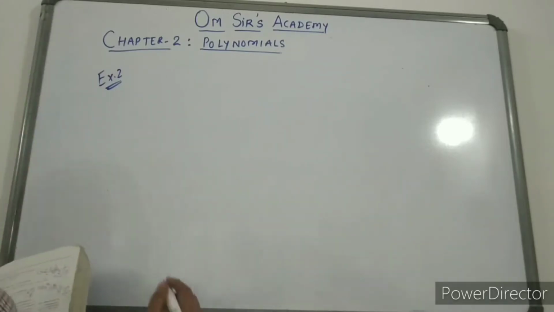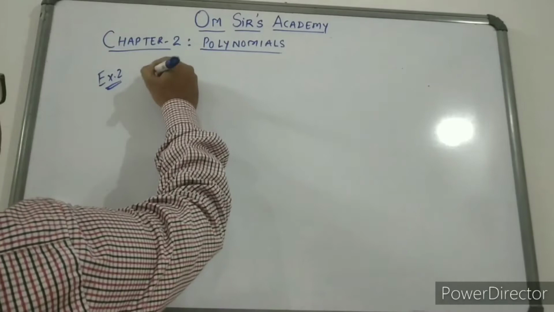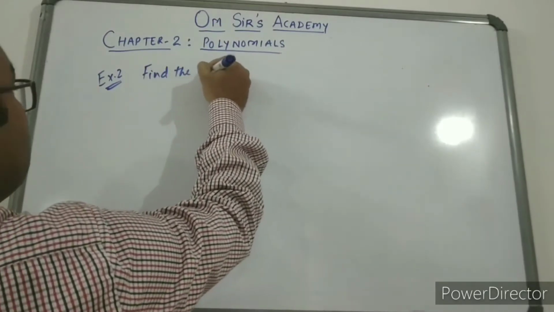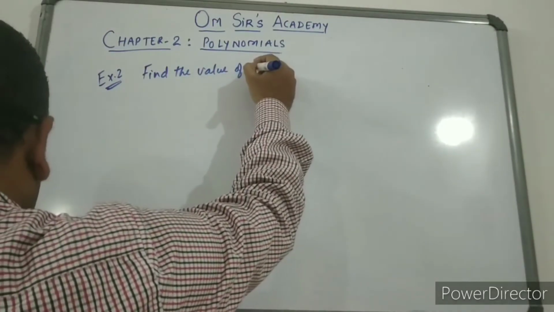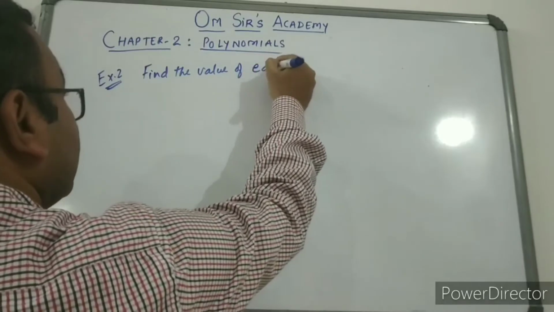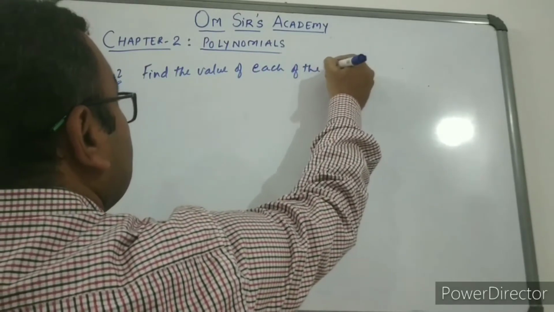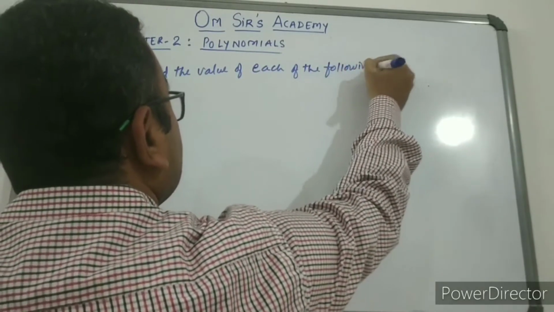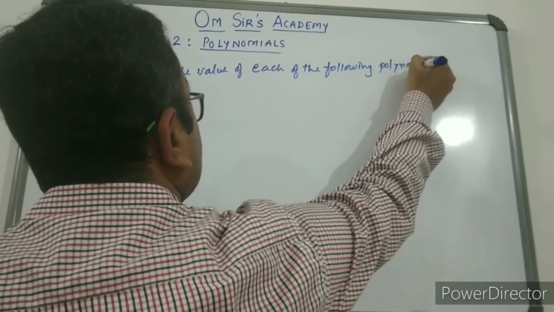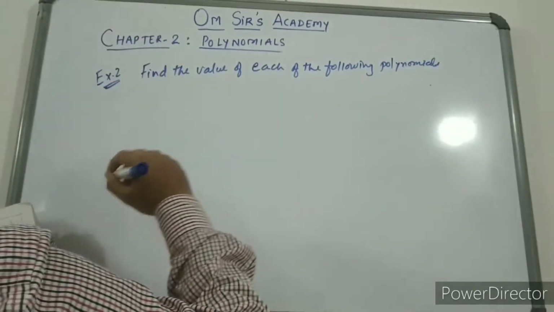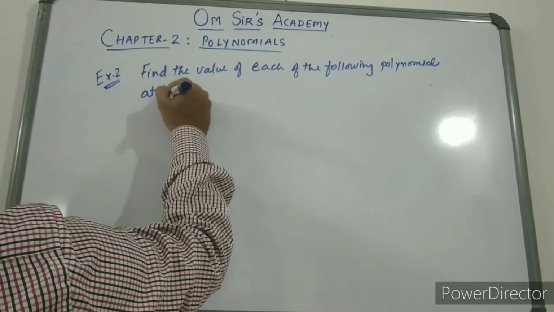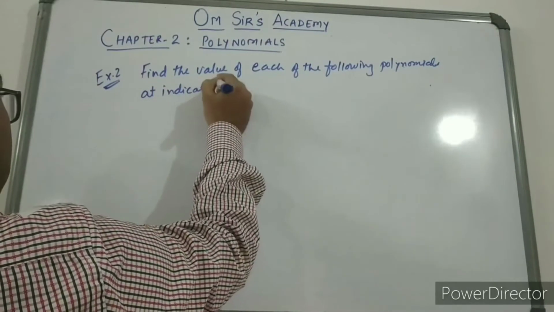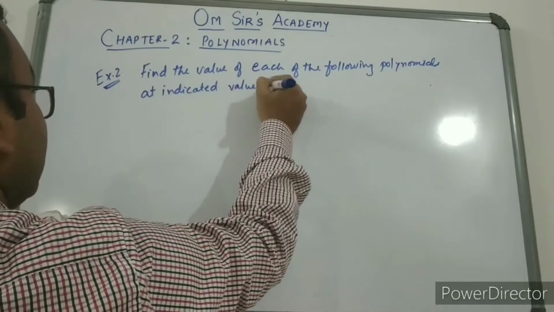So we have to find the value of each of the following polynomials at the indicated value of variables.